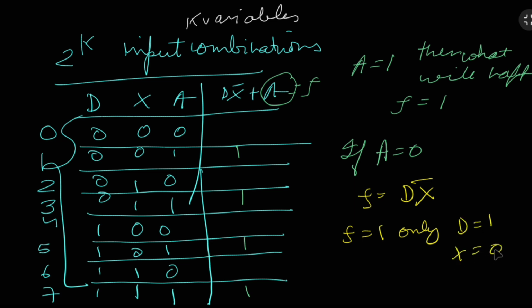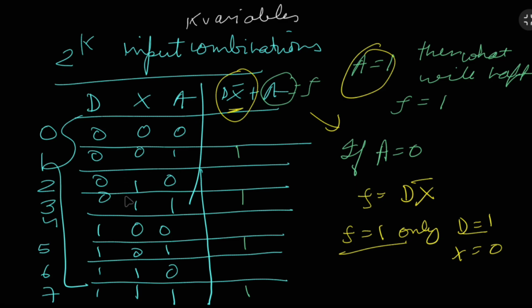So f is 1 only if d equals to 1, x equals to 0. Yes or no? Because when a equals to 0, then f will be 1 when this is 1. Because already a is 0. So very simple. So whenever a is 0, then the f will be 1 if this is 1. So f is 1 if and only if this is 1, when d is 1 and x is 0.